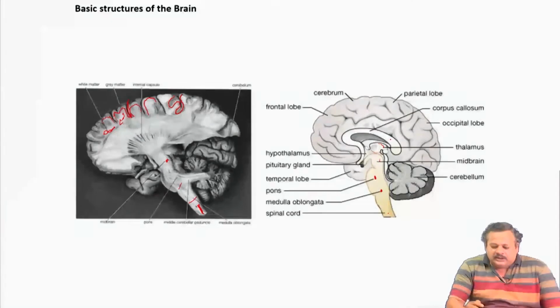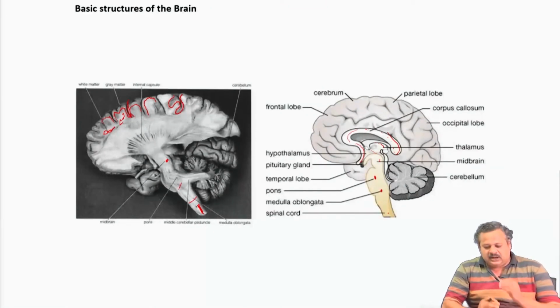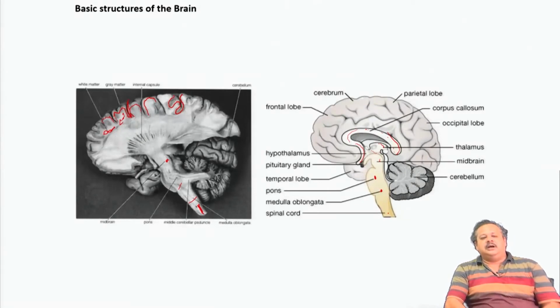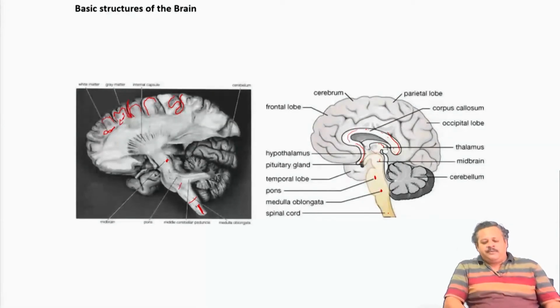The structure above here that is in white, shaped like a crescent and sitting just underneath the cortex, is the corpus callosum, and it is essentially a pathway that connects the two hemispheres of the brain. Most or all the connections that are made from one hemisphere of the brain to the other hemisphere are through the corpus callosum.